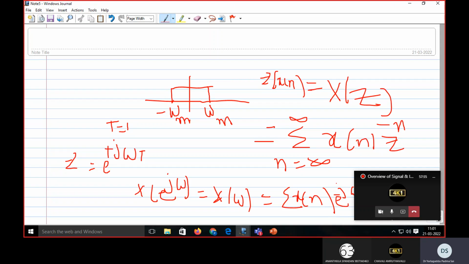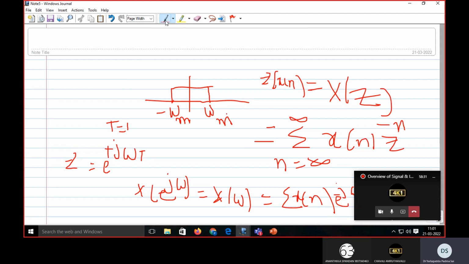Even though you consider x of n as discrete, when you draw the two diagrams, magnitude as well as phase, both you get as continuous. But we want both discrete, so once again we sample it.